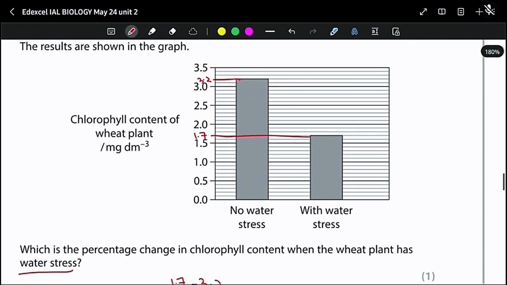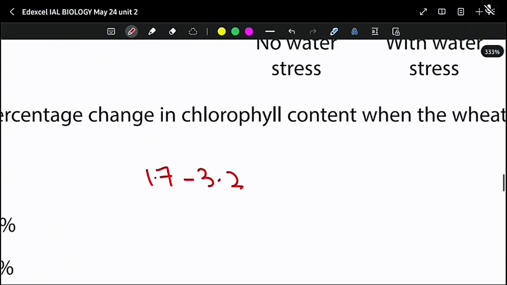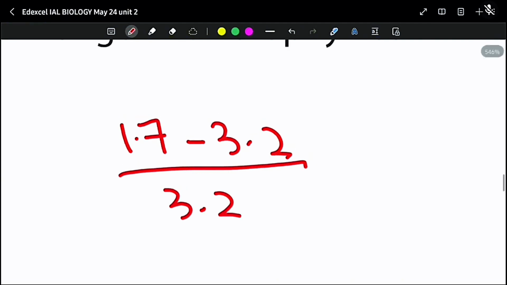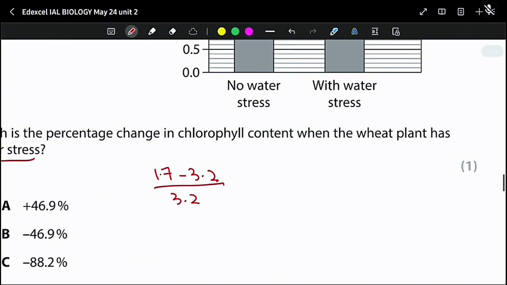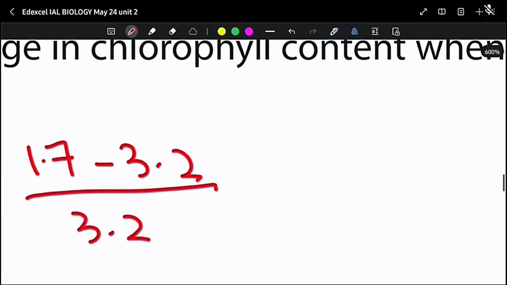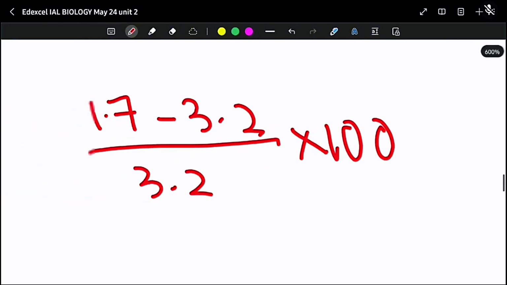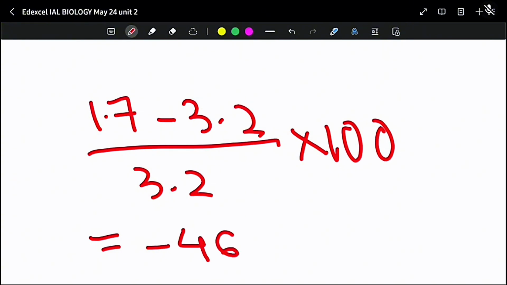So water stress minus the no water stress value, which is 1.7 minus 3.2, and as it's a change, we divide that by 3.2, the one with no water stress, and as it's a percentage, we multiply by 100. So it's not just the change but the percentage change. Multiplying by 100 gives us minus 46.875. Yes, this is the value that we get.